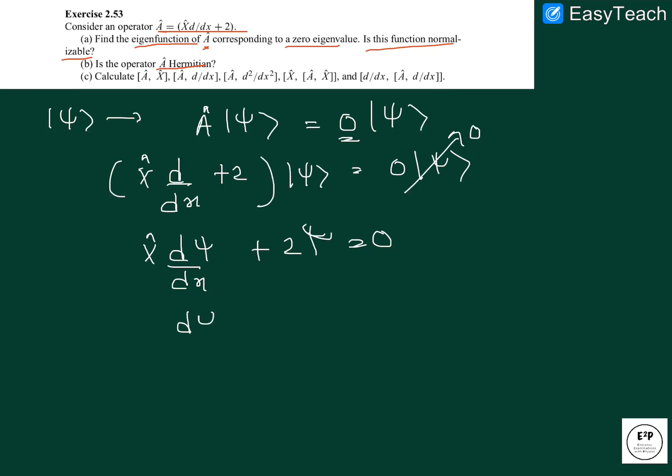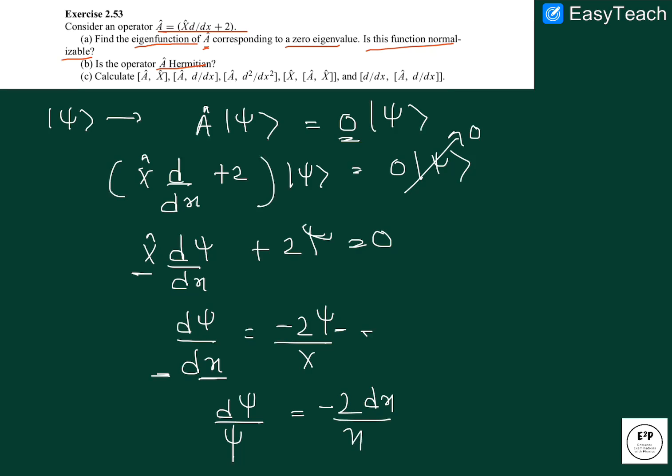Now d psi by dx equals to minus 2 psi, moving this x over here. Just separation of variables, that is how we solve the ordinary differential equation. So we move the psi to the denominator on this side and this dx to the numerator here. So we get d psi by psi equals to minus 2 dx by x.